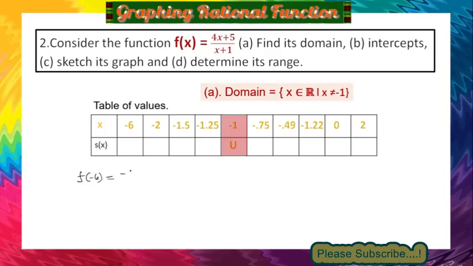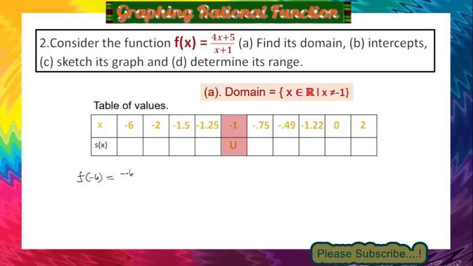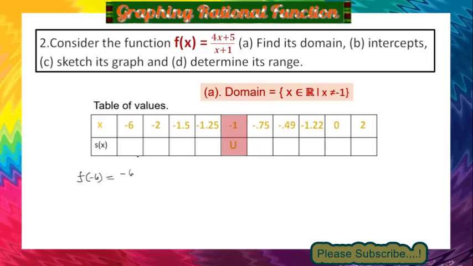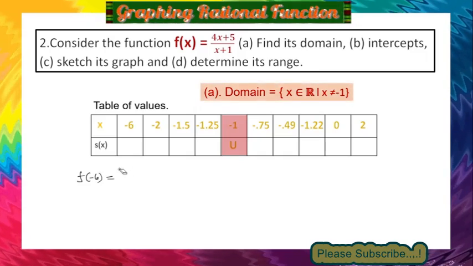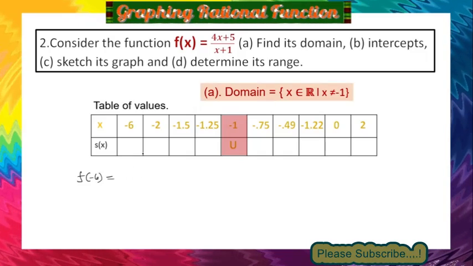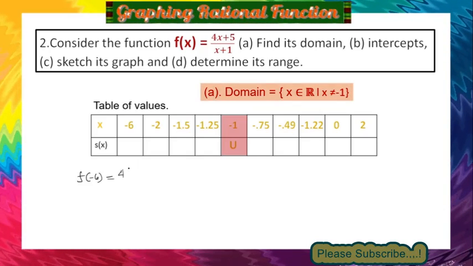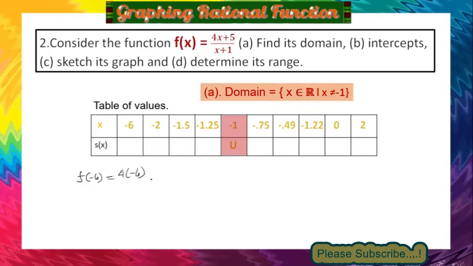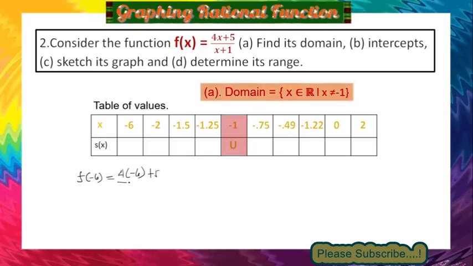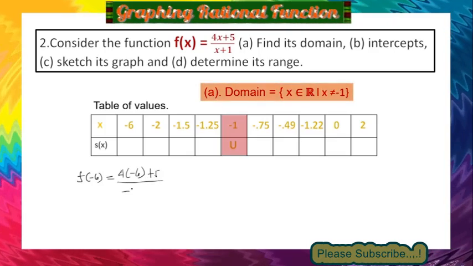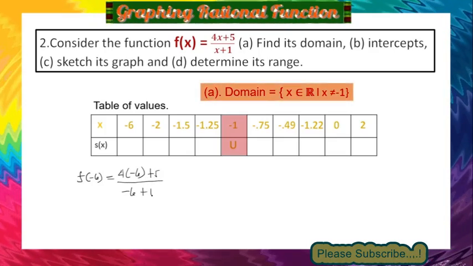By substitution, when the value of x is negative 6, then we have 4 times negative 6 plus 5 all over negative 6 plus 1.